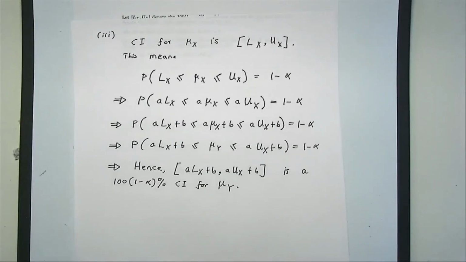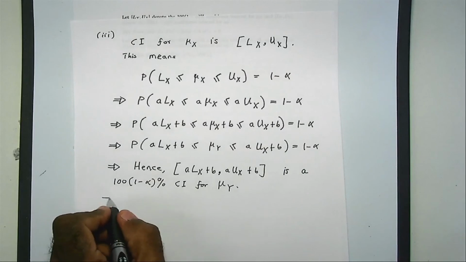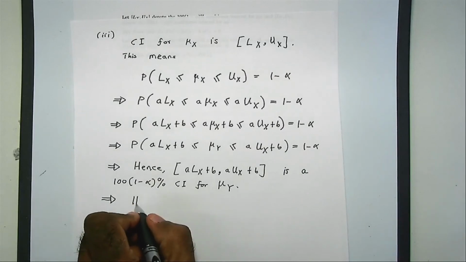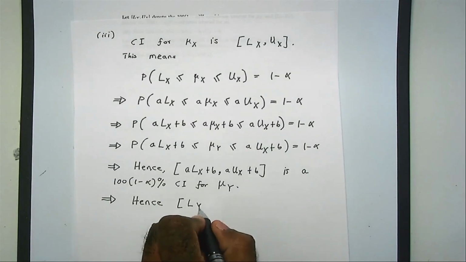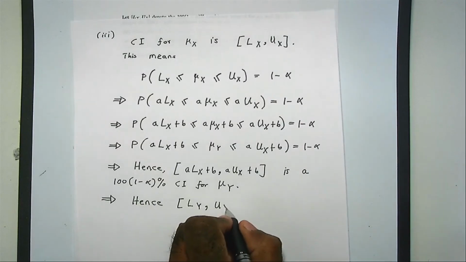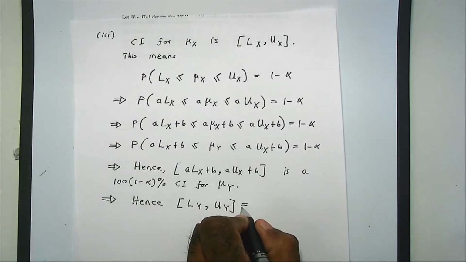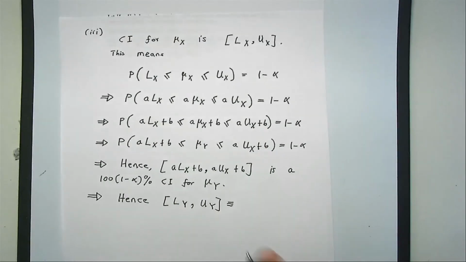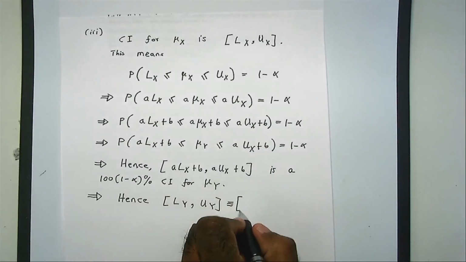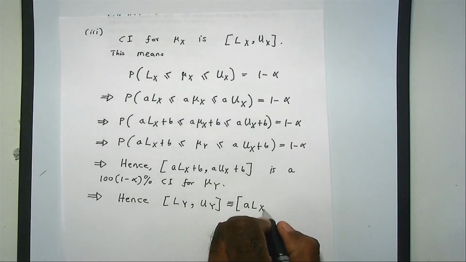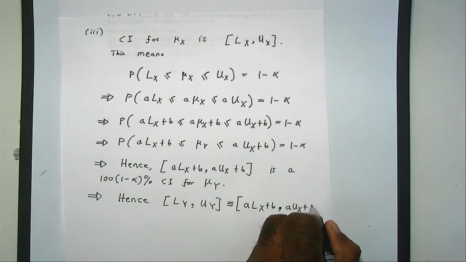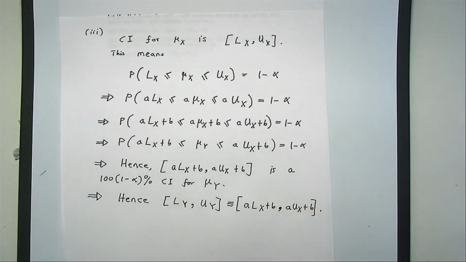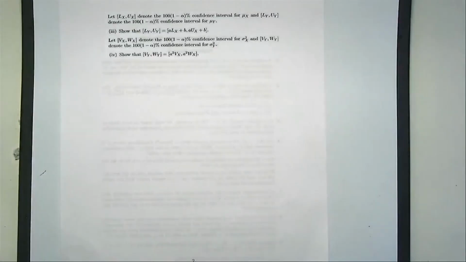So hence the confidence interval for mu y, which is L_y, U_y, must be equal to this. So that completes part 3 of question 7.